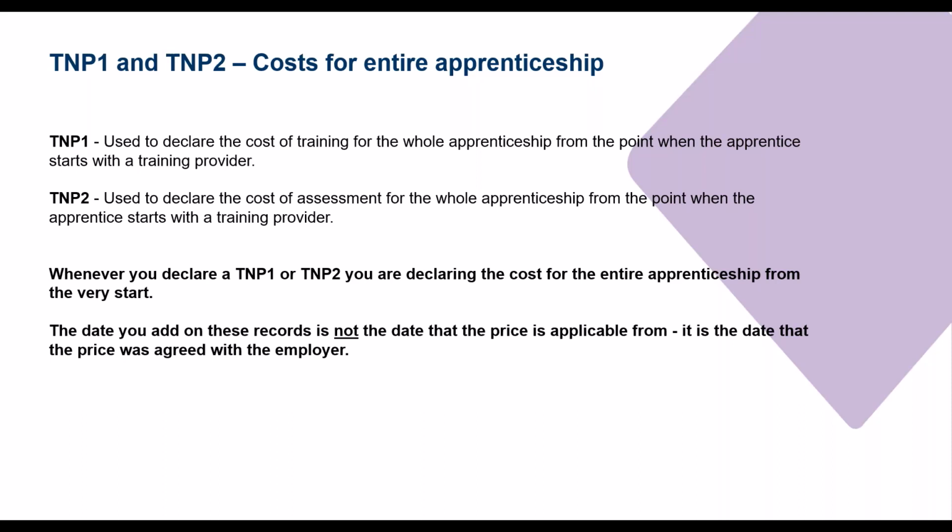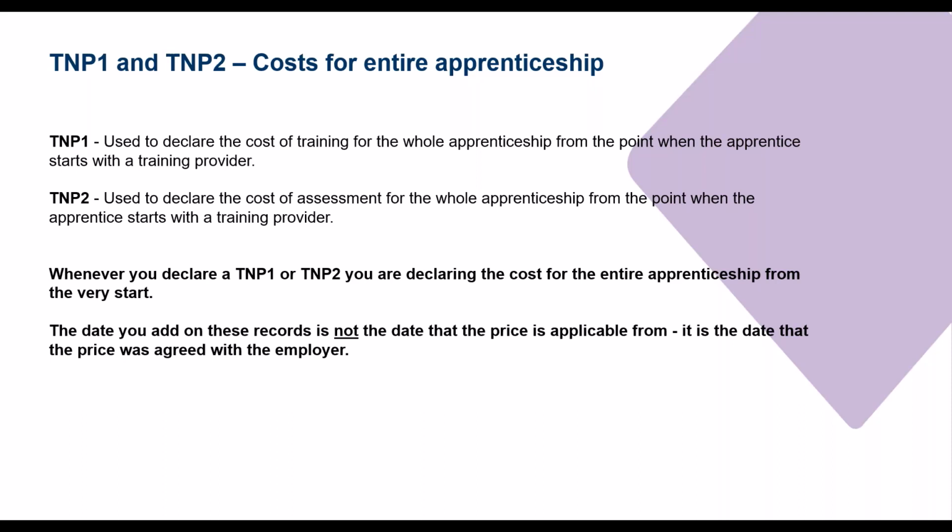The only time you ever need to adjust those costs and record further TNP1 and TNP2 records is if either the cost of training or the cost of assessment for that whole apprenticeship has been renegotiated or needs to change. The dates that you record on the TNP1 and TNP2 records are simply the dates that those prices were agreed.